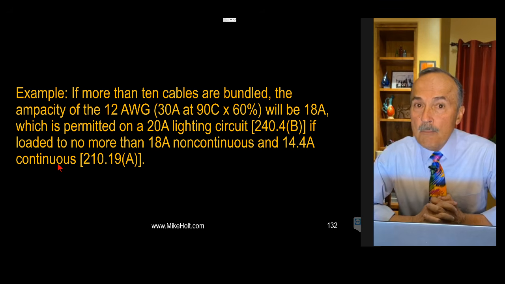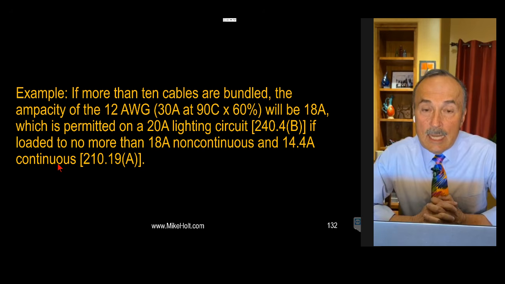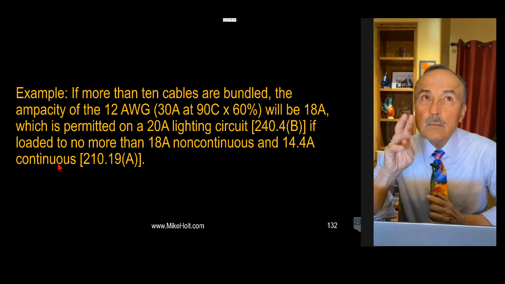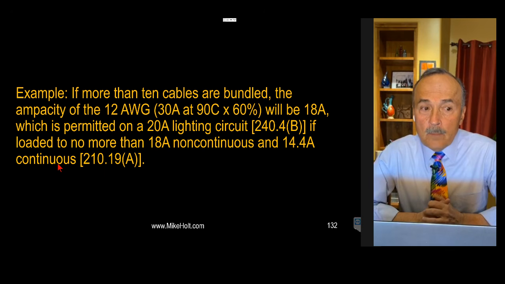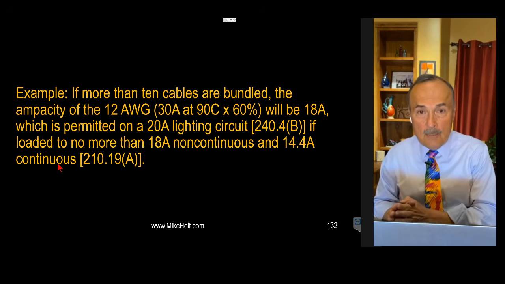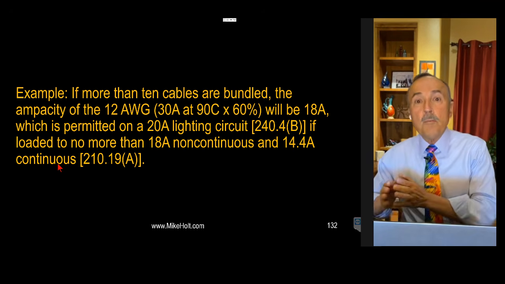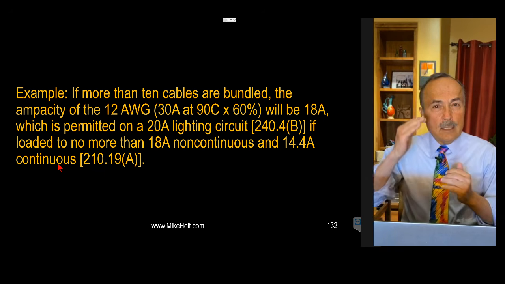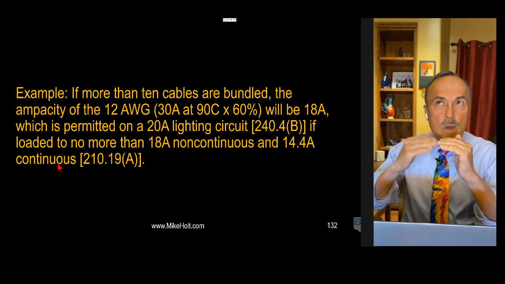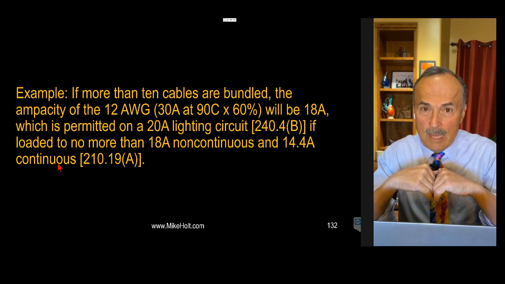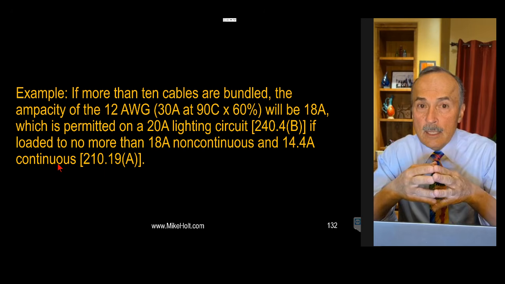There's a rule, 210.19(A)(1). It says you have to size the wire and the breaker no less than 125% of the continuous load. We happen to know the wire size and capacity, and we happen to know the breaker. So if you have to size the breaker and the wire at 125% of the continuous load, and you already know the wire and the breaker, then you work the reciprocal of that, which is 80%.